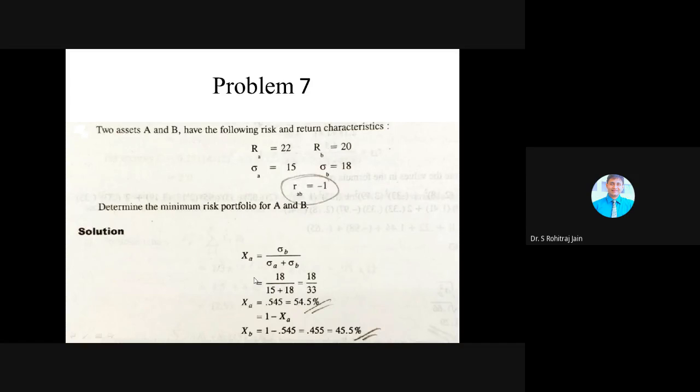First, we have to calculate the proportion of funds that has to be invested in security A, then the proportion of funds that has to be invested in security B. If I invest in this proportion, that is 54.5% and 45.5% in stocks A and B, then I can get the minimum risk portfolio.